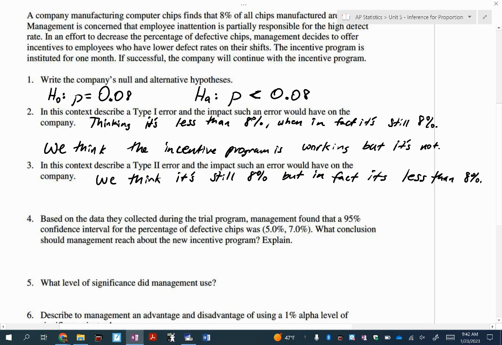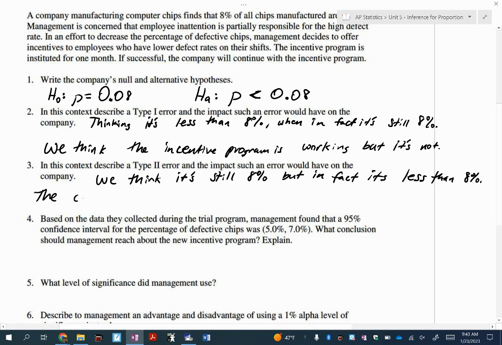So kind of the opposite effect of what's going on here, right? What's the company going to do if we think it's still 8% after this 1 month? They're going to stop. I want to be careful with the word destroy. We're going to stop the program, right? The incentive program is not working. But in fact, it is working.